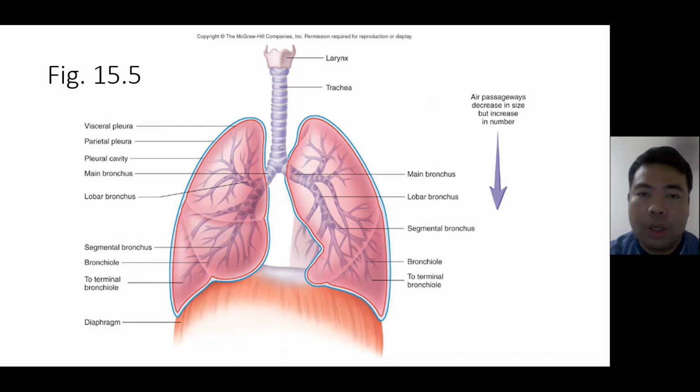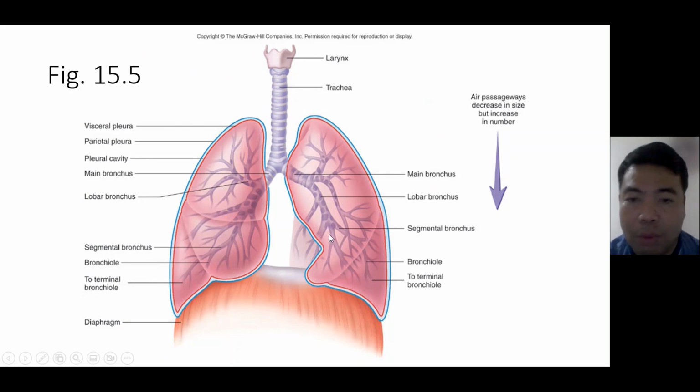So you take note of the branches of the tracheobronchial tree, from the trachea down to the main bronchus, down to the lobar bronchus or the secondary bronchus, and then to your segmental bronchus, or your tertiary bronchus.